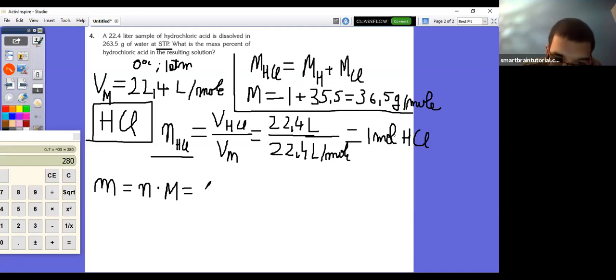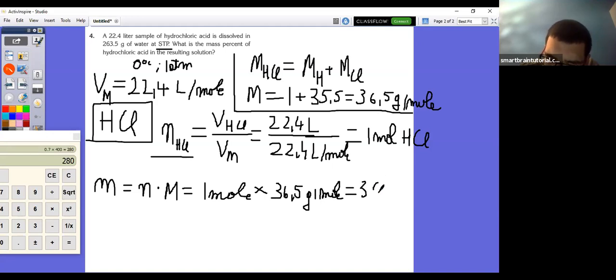So 1 mole times 36.5 gram per mole gives a mass of 36.5 grams of hydrochloric acid.